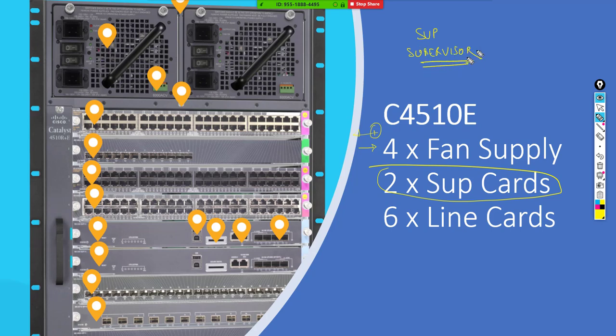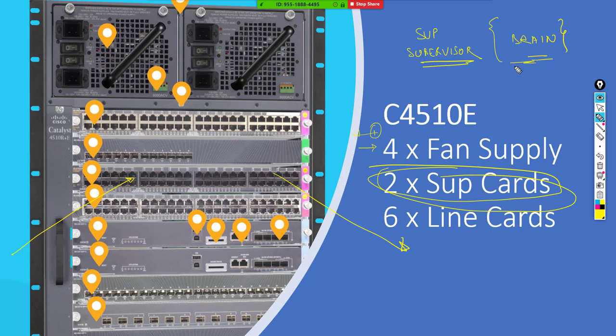Okay. The supervisor engine is acting as the brain of this device. Let's say some traffic just entered, and now that traffic has to go out. Who is going to decide? It's your sup engine that is going to decide.